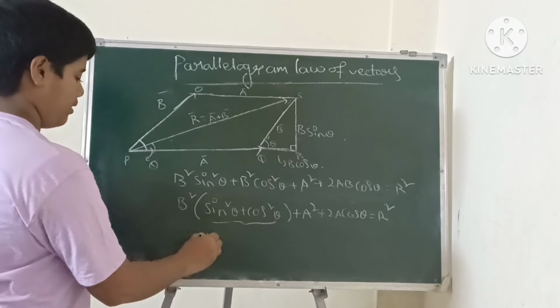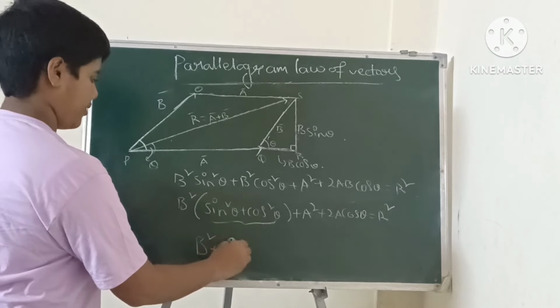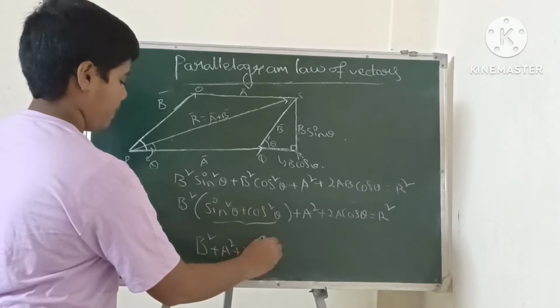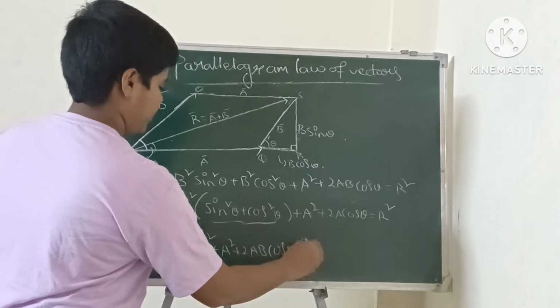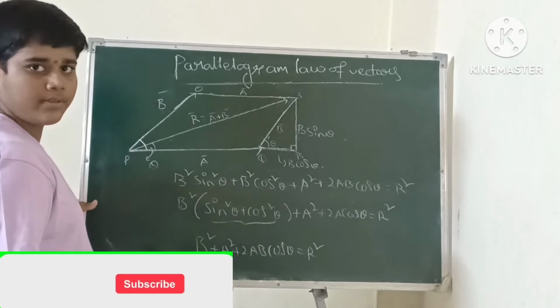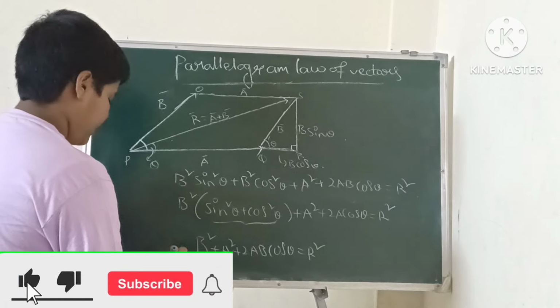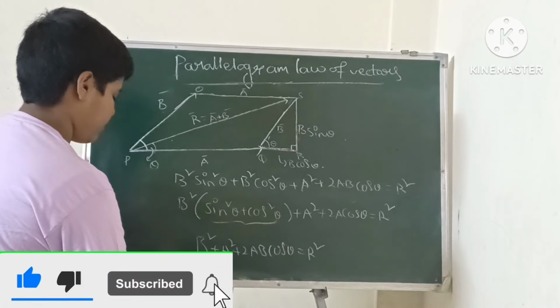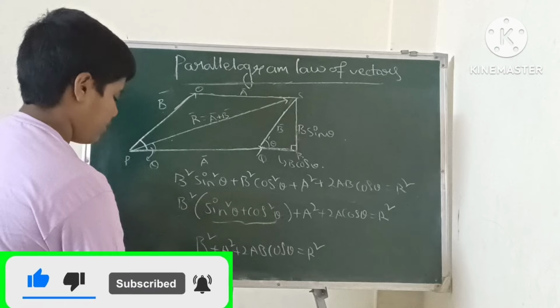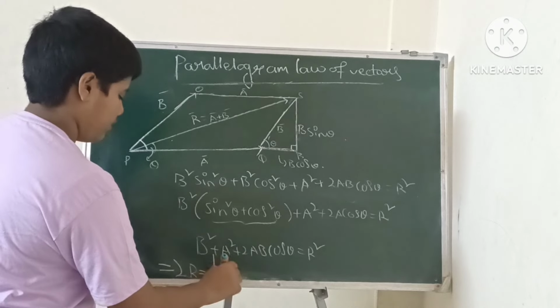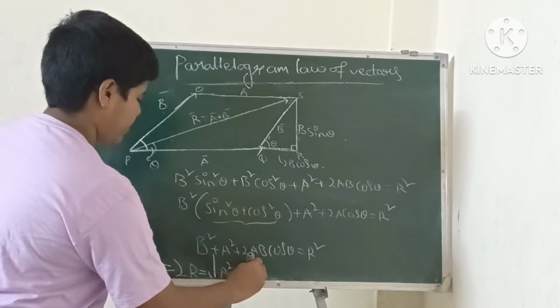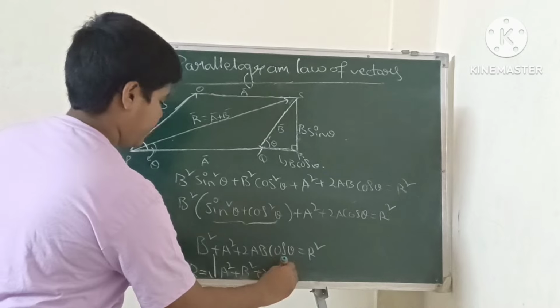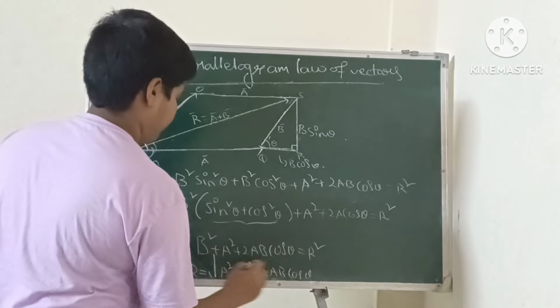So it becomes B square plus A square plus 2AB cos theta equals R square. So finally it becomes R is equal to root over A square plus B square plus 2AB cos theta.